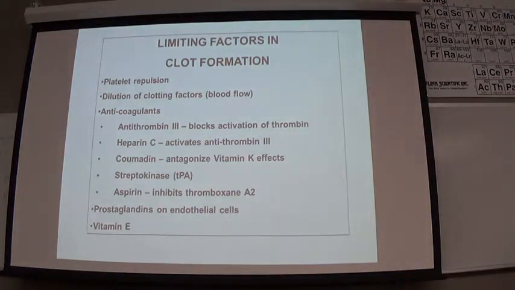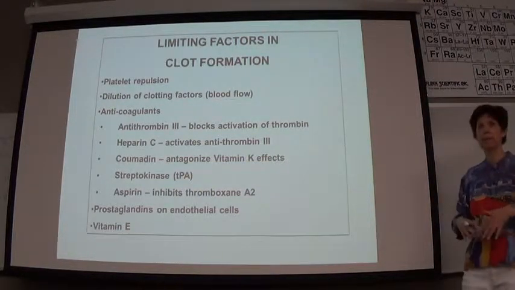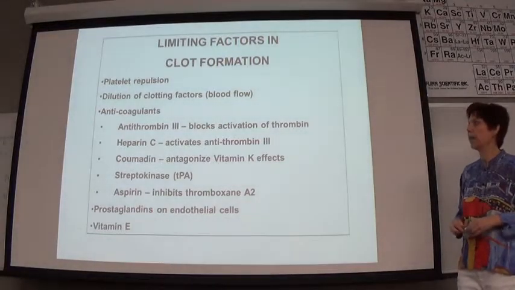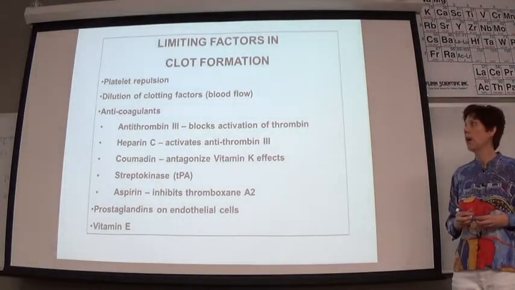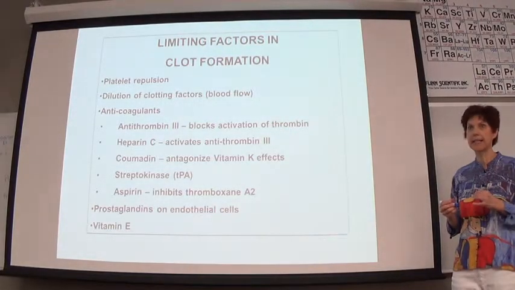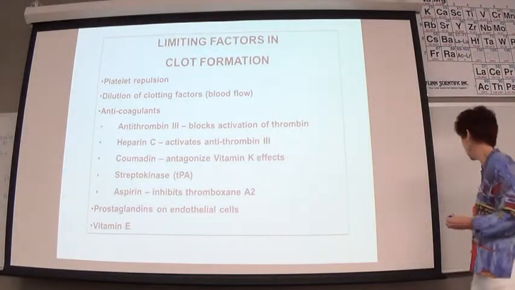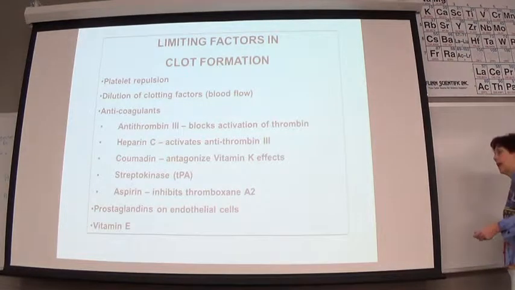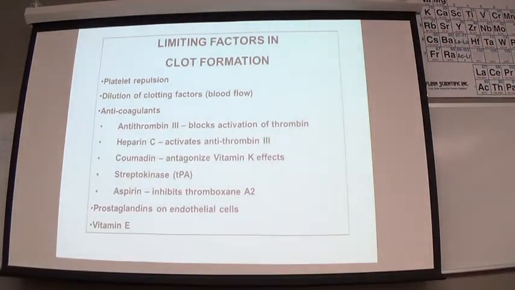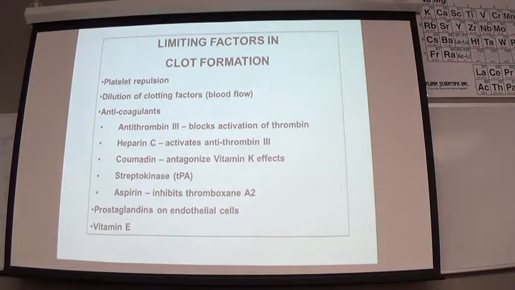Notice the dilution of clotting factors up there? And I told you about that woman who died because she'd been bleeding and got just IV fluids instead of blood. There is a disorder, not so much a dilution of clotting factors as it is using up the clotting factors. And this disorder is known as, I can't remember the term.